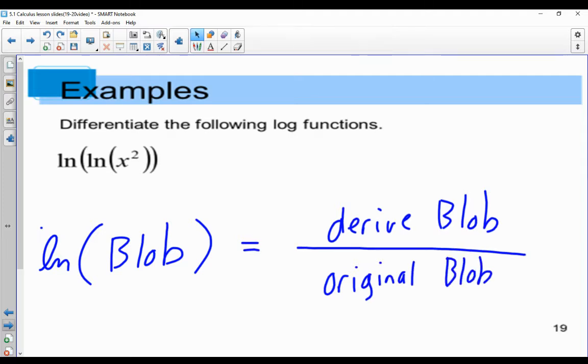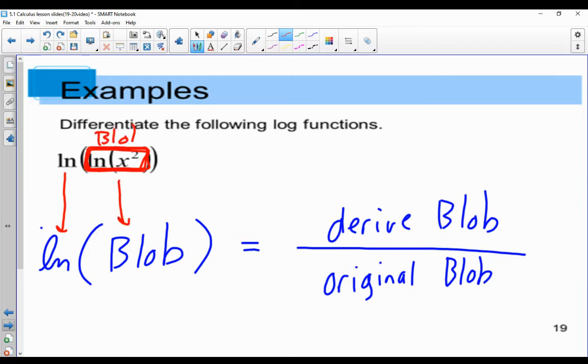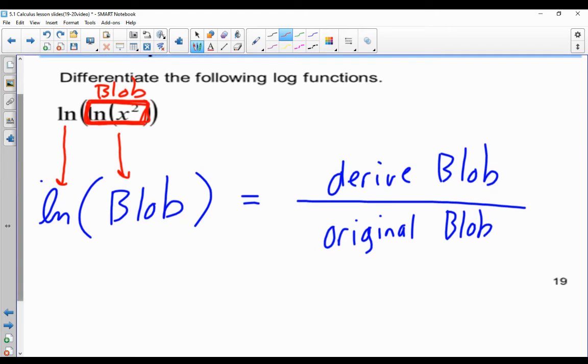In this case, this natural log matches up with this natural log. And then all of this, the second natural log with the x squared, that is going to be our blob. So just think of it that way. Natural log x squared, that is our blob.